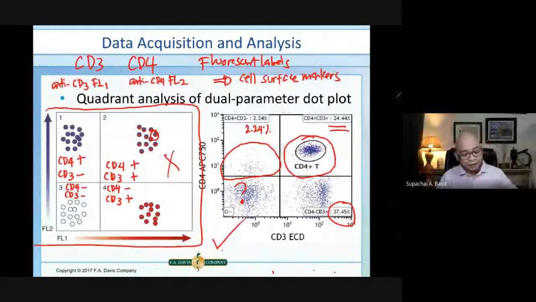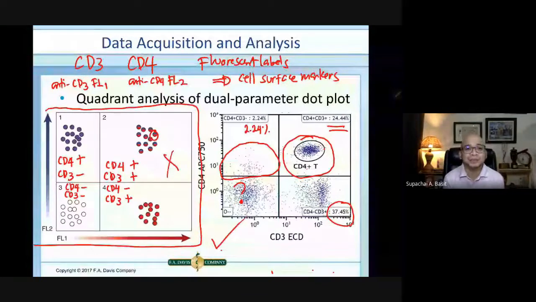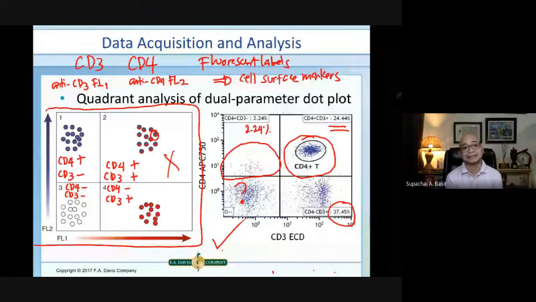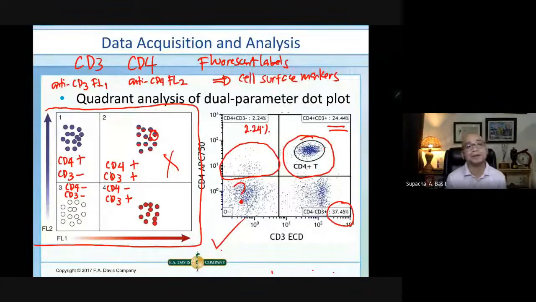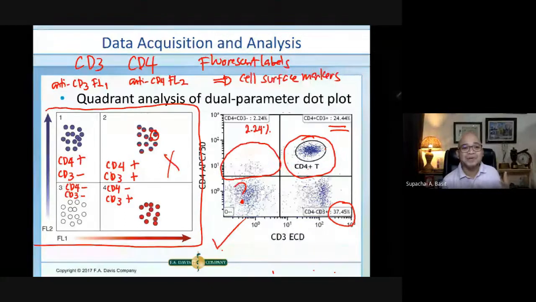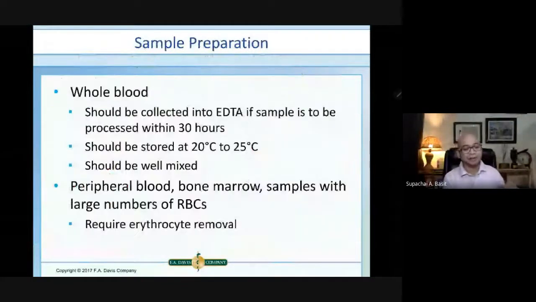And if you want to determine cell surface markers, then you need to use fluorescent labeled antibodies. Okay, so for example, you want to determine CD4, then you have to include as part of the fluidics the anti-CD4 fluorescent label 2. Okay, so that's how we analyze the cells in flow cytometry.